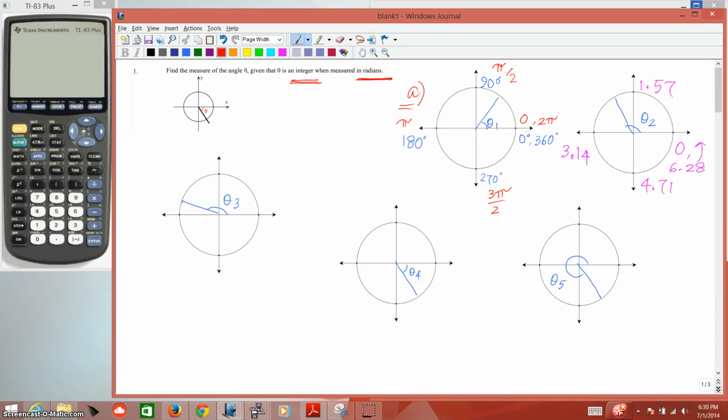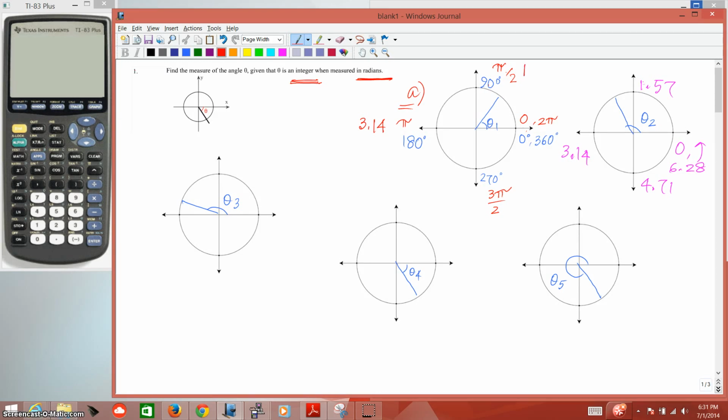So if you logically think that it has to be a radian measure and it has to be an integer, you have to relate the values in terms of real numbers. This pi now comes out to be an approximate number of 3.14 radians.